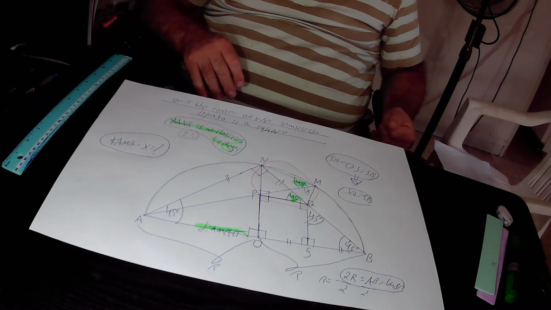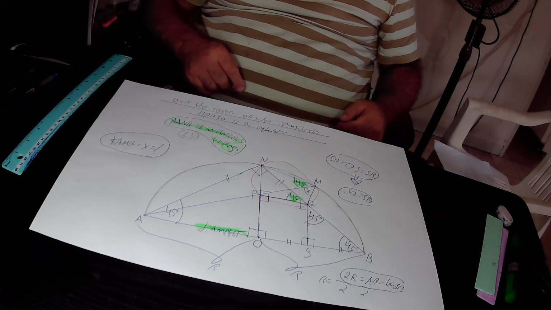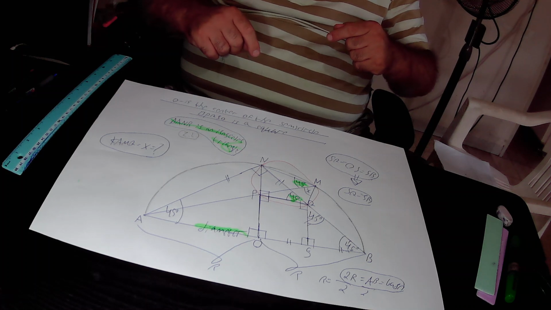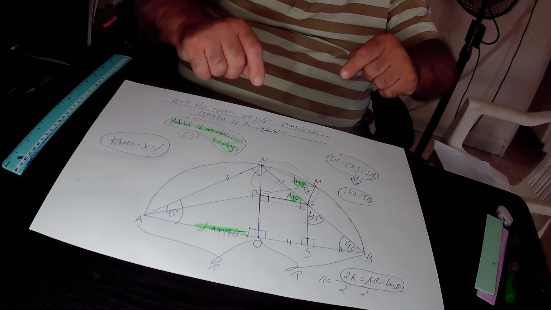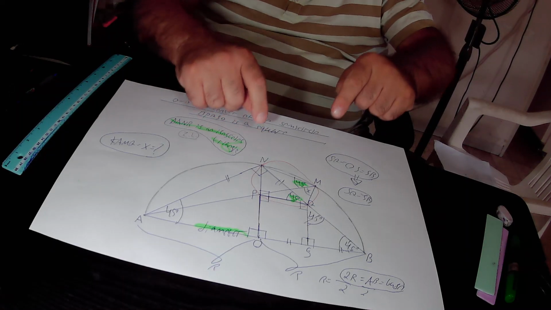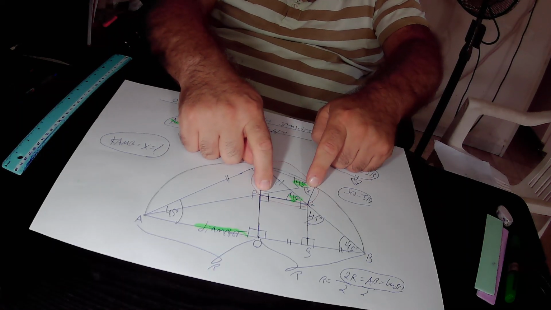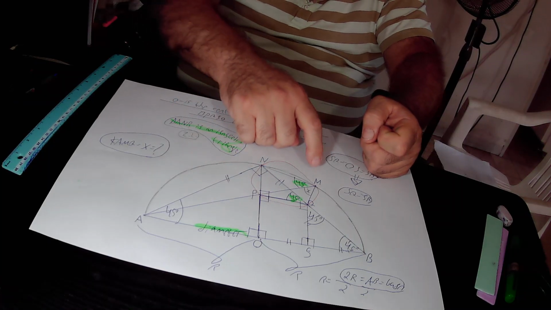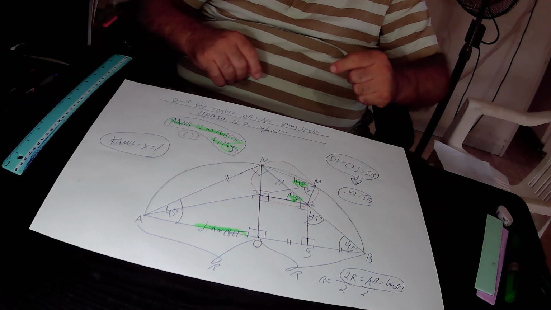So here we have the rule that the sum of two opposite angles of a cyclic quadrilateral is equal to 180 degrees. The sum of those two opposite angles of this cyclic quadrilateral NMQP is equal to 180 degrees.